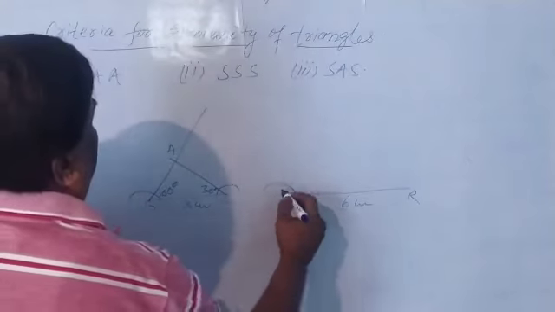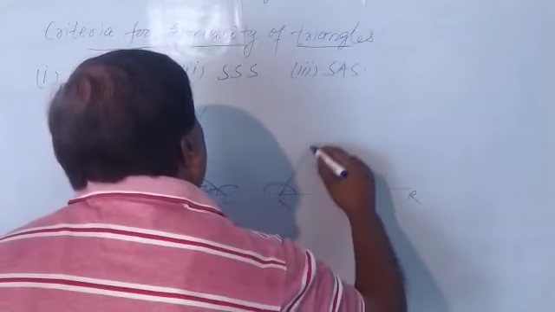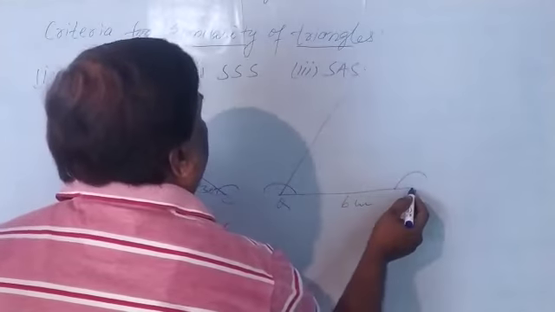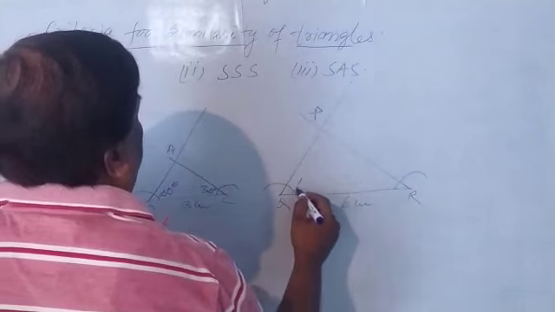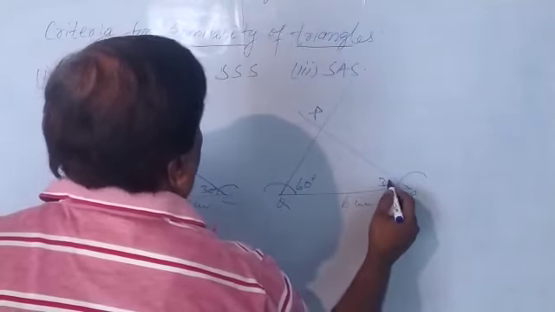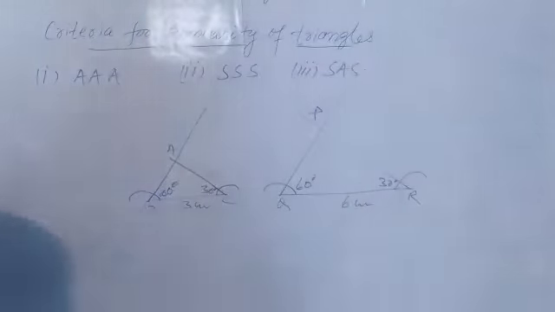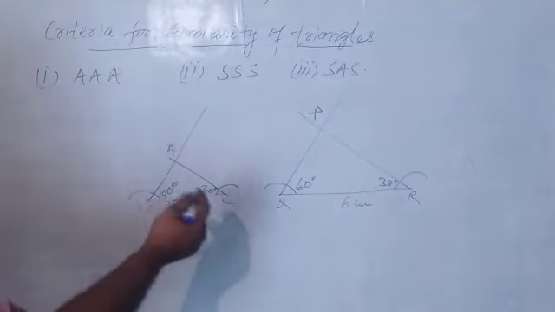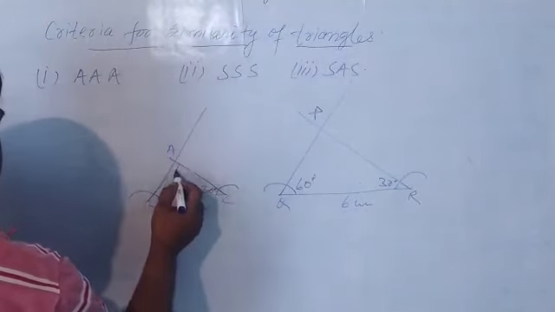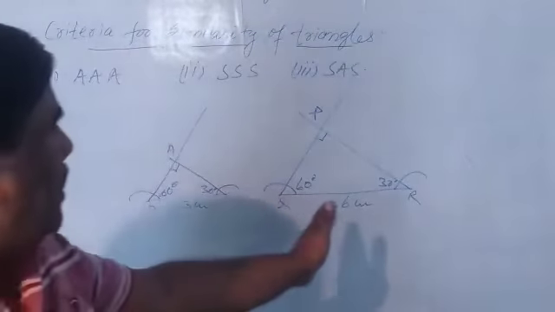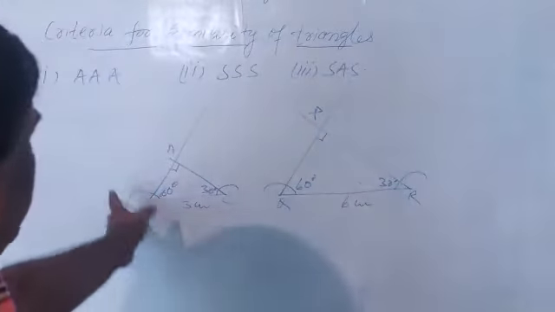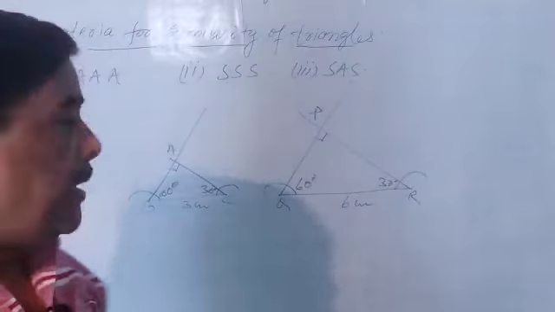Similarly, again we draw angles of 60 degrees and 30 degrees and get P. My dear students, if these angles are 60 and 30, then obviously this is 90, this is 90. It means in triangles ABC and PQR all corresponding angles are the same.